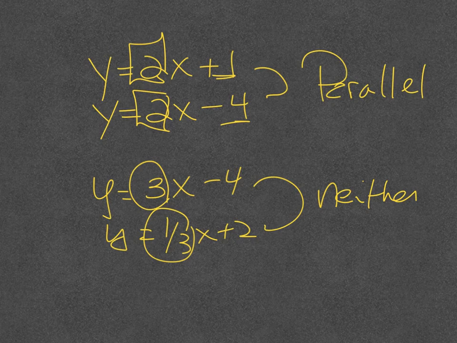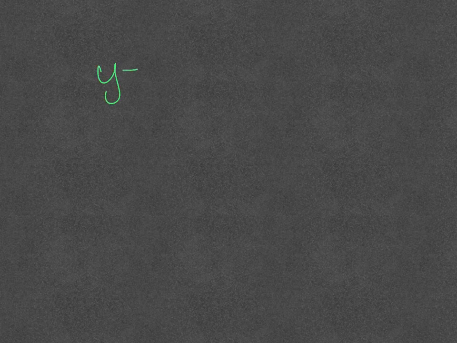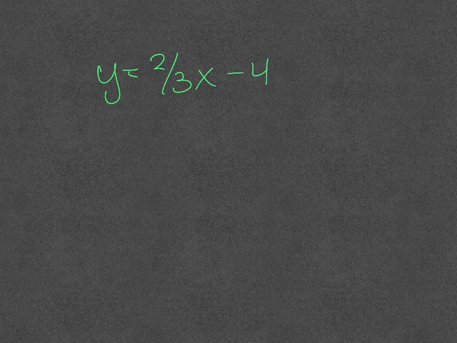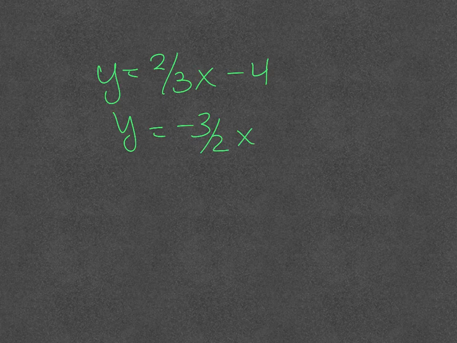All right. Now, if this was a negative, then it would be reciprocal, perpendicular. All right. If I have y equals 2/3 x minus 4, y equals -3/2x.